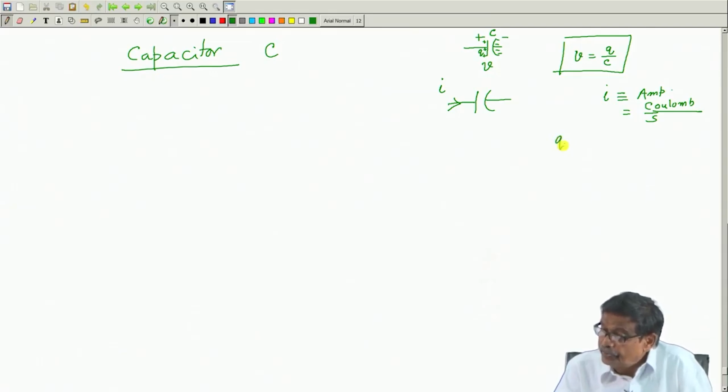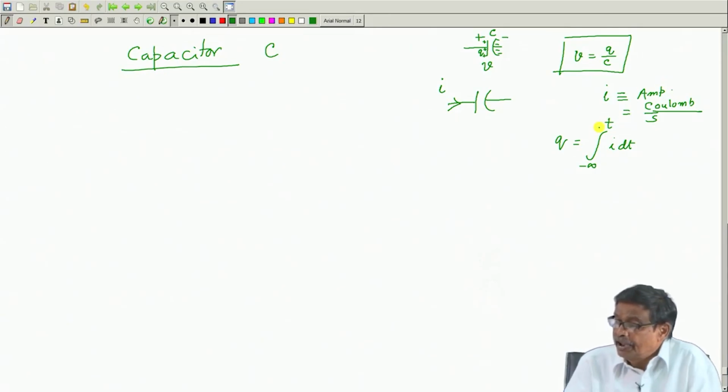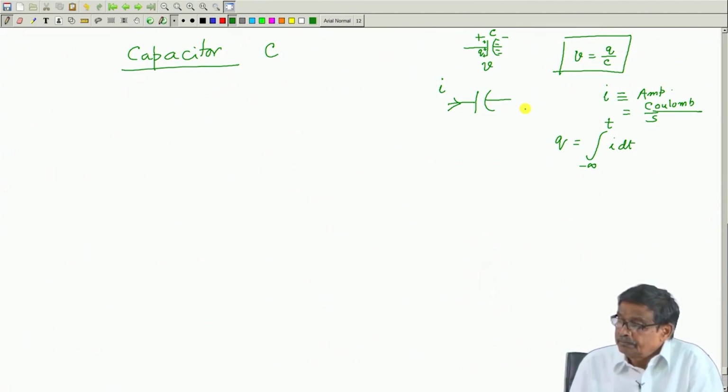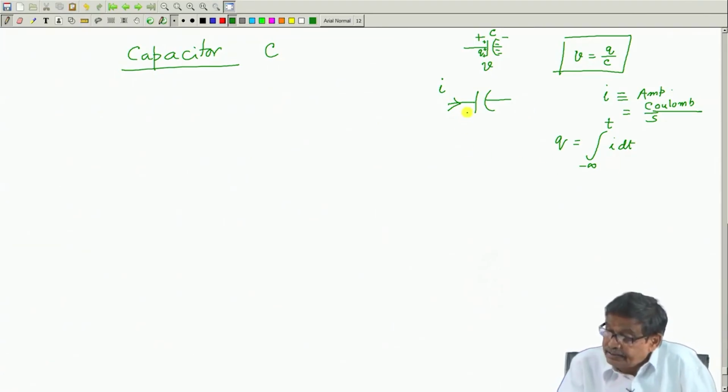So, Q is nothing but the present charge on the plate of the capacitor, which will be how much current you have put on the capacitor from minus infinity to t.